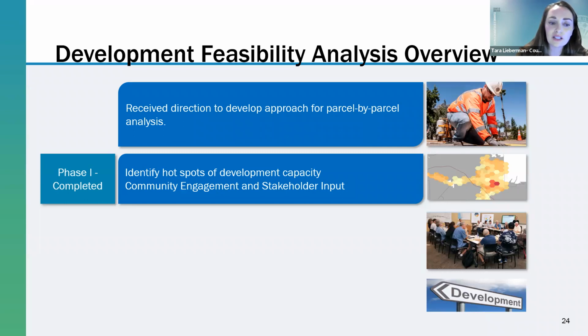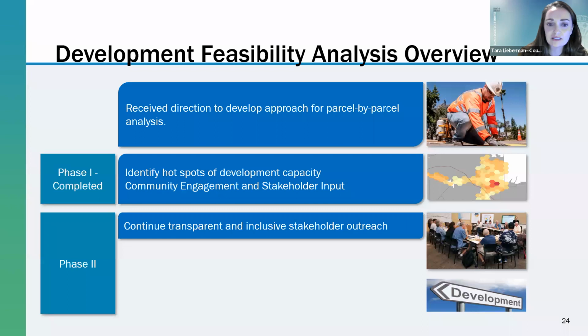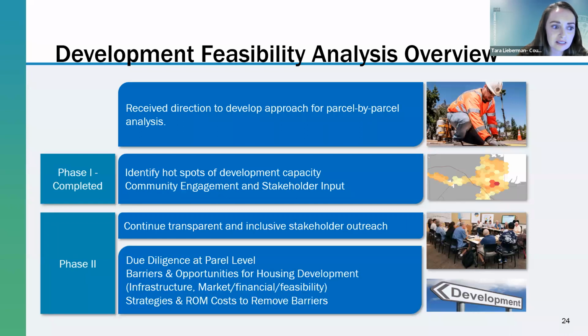This phase will include a constraints and opportunities analysis, a market feasibility analysis, and an infrastructure gap analysis led by the Department of Public Works in coordination with the Department of Environmental Health and Quality, and in collaboration with relevant agencies.